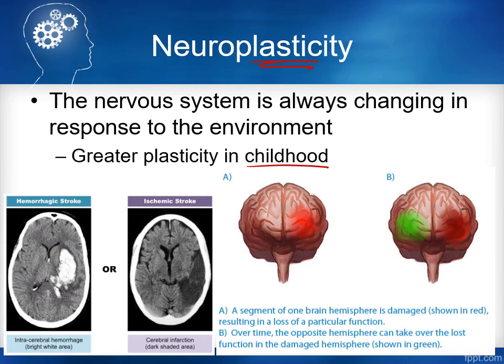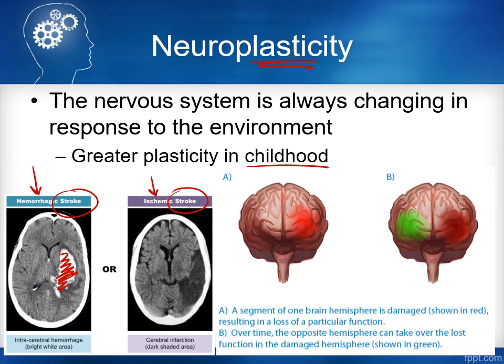So one of the ways that we can study neuroplasticity is in response to stroke. Stroke is when part of the brain dies because of either hemorrhage, bleeding happening in the brain. Here, some of the blood vessels in the brain were broken and blood oozed out into the brain, putting a bunch of pressure on the brain cells. This is a hemorrhagic stroke.